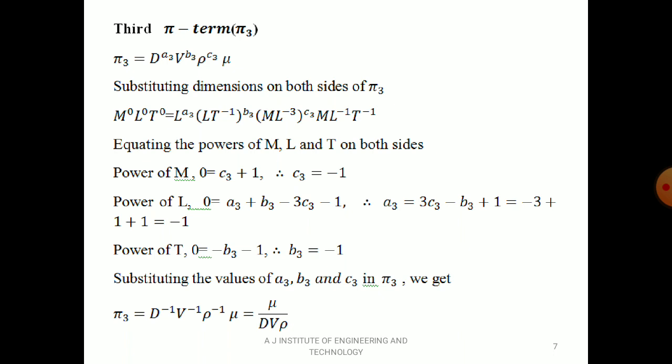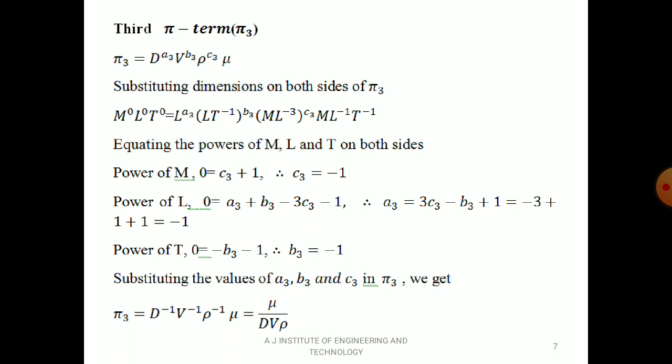Then equating the powers of m, l and t on both sides. First, equating the power of m: m to the power 0 on the left hand side, and m to the power c3, m to the power 1 on the right hand side. So 0 equals c3 plus 1, therefore c3 equals minus 1.